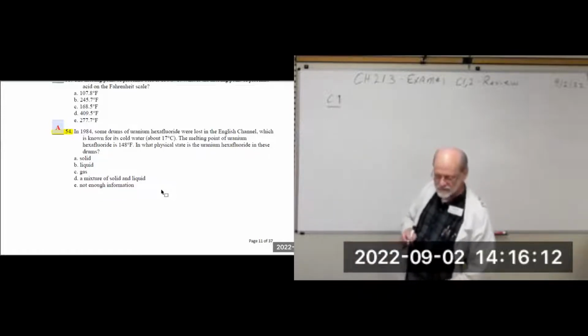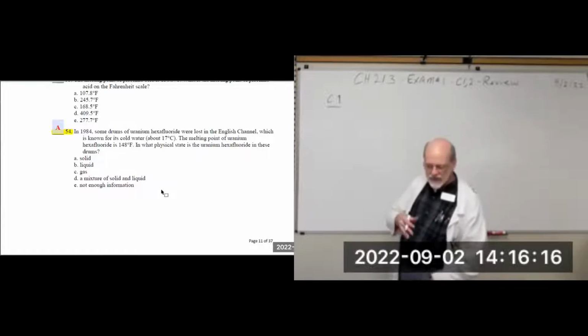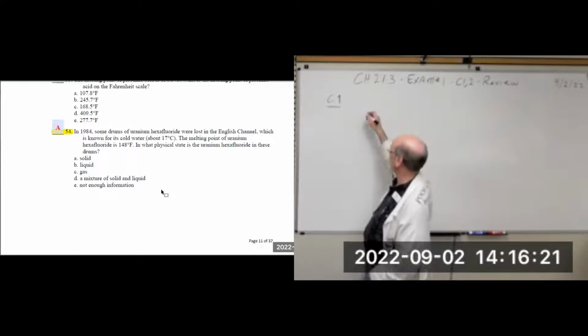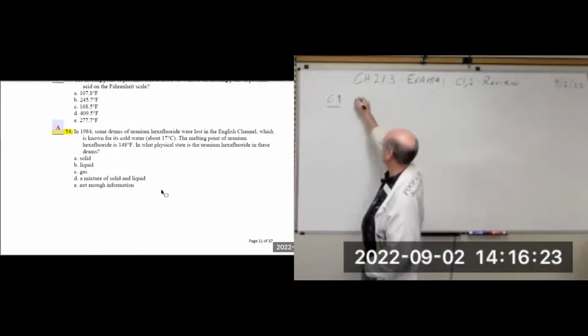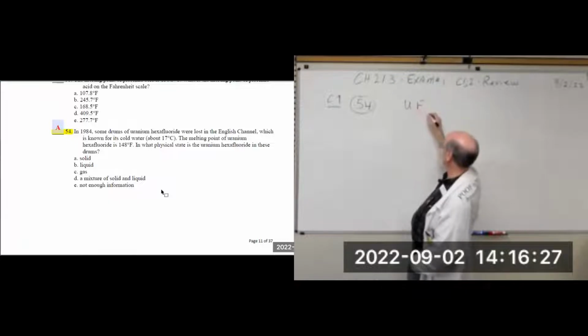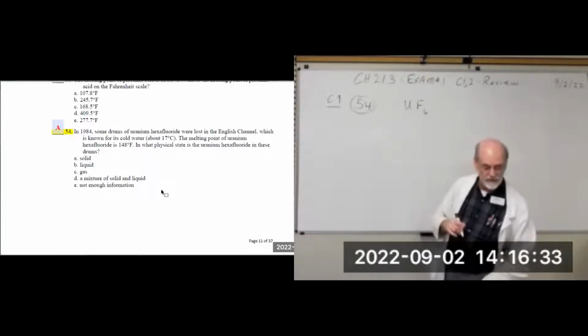Okay, so the salient points here are, you don't have to know the formula for uranium hexafluoride. Let's see, this is 54. But if you're interested, hexa means 6. So that's uranium hexafluoride.